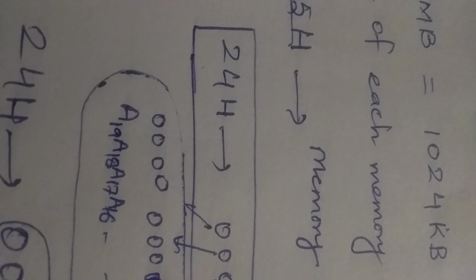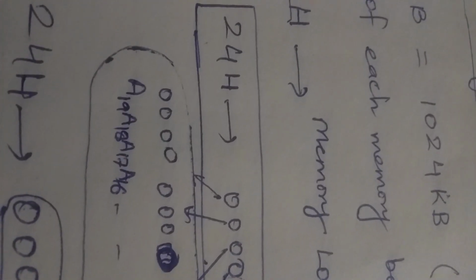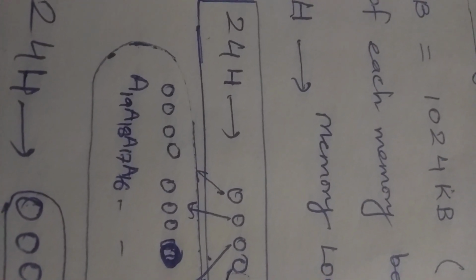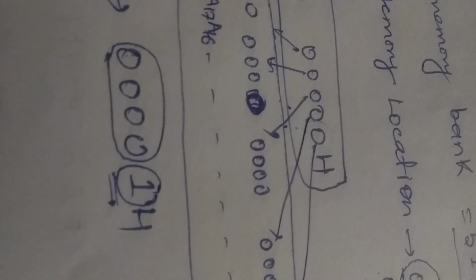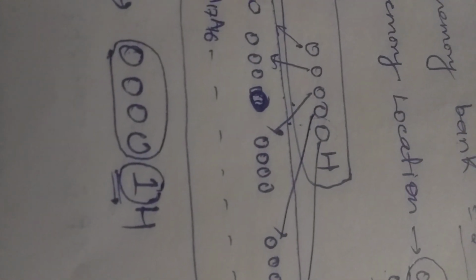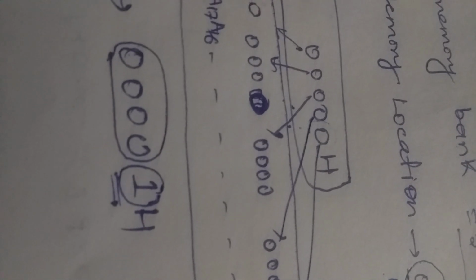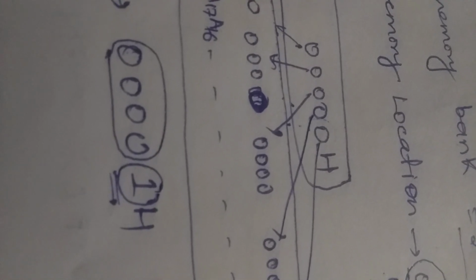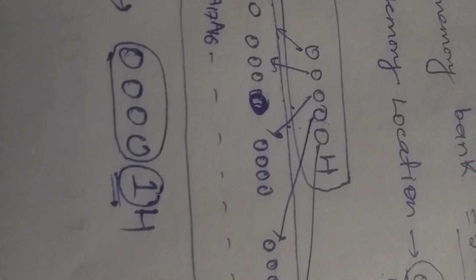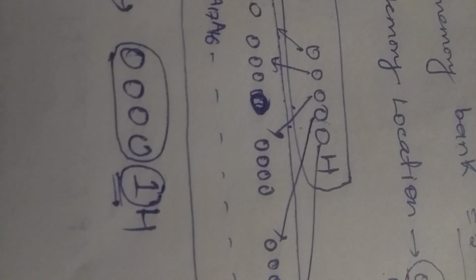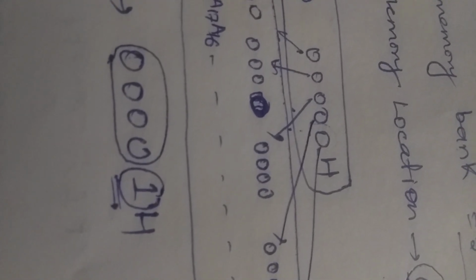And this data is loaded on D0 to D7, that is the lower order data lines, and given to the processor. It means to read 8-bit data from the even bank, it is required to enable the even bank as well as disable the odd bank.